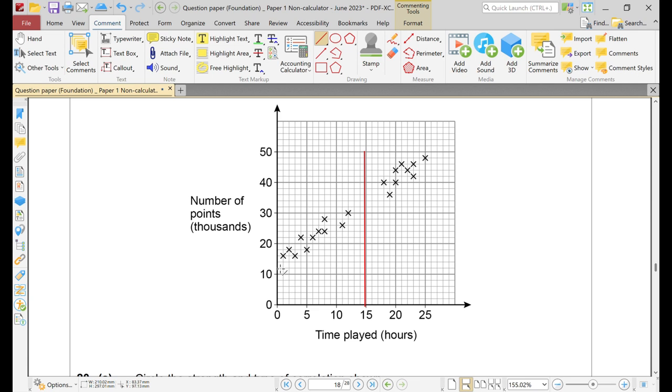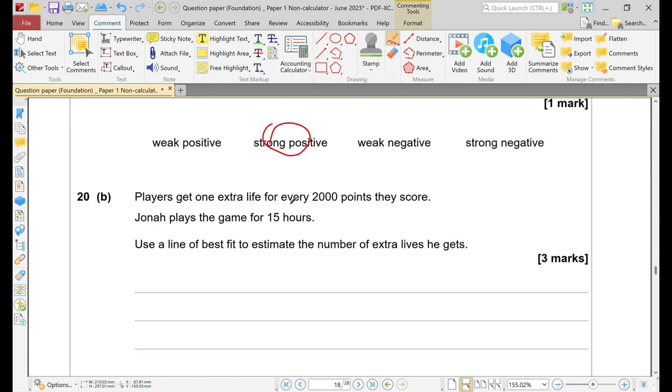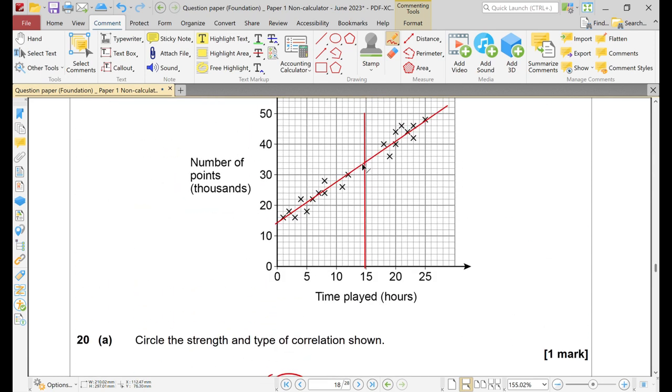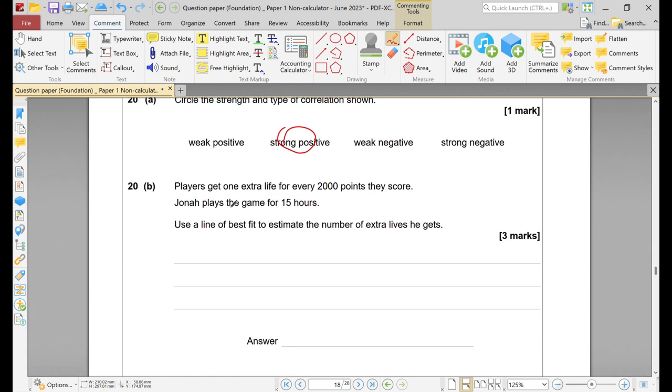So it's about there. That's about right. Now, he's played it for 15 hours. So we're going to look at this bit here and see how many points it will be. So that corresponds to 34. So it's got 34,000 points.